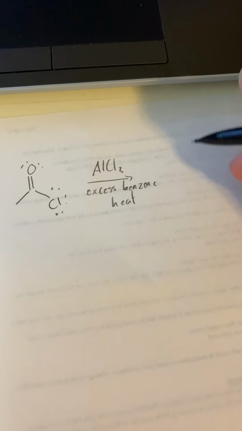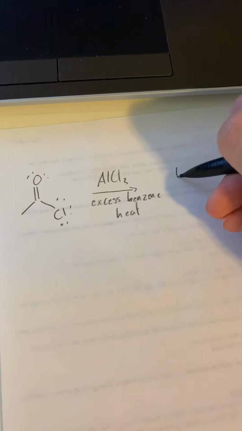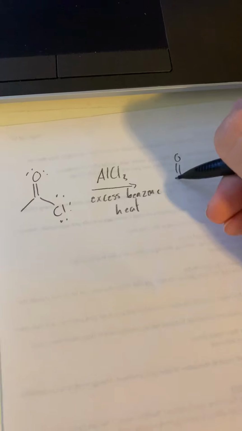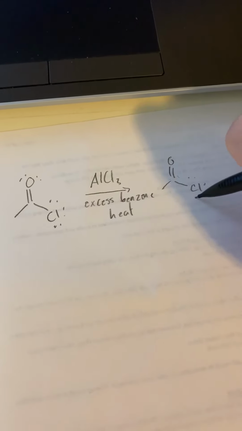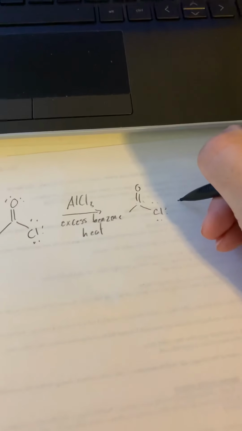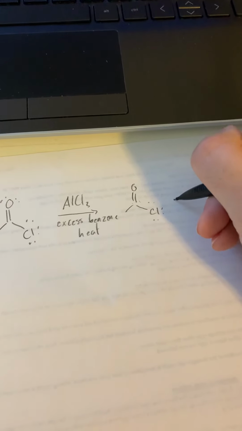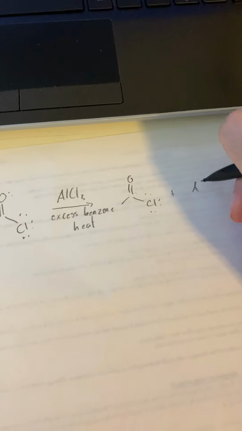So the first step we want to do is to generate the electrophile. So take this acyl molecule and try to have it complex with this aluminum trichloride.